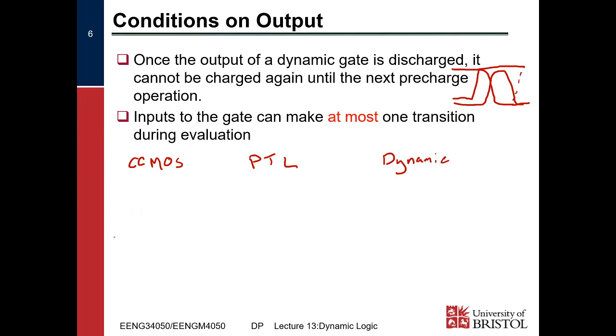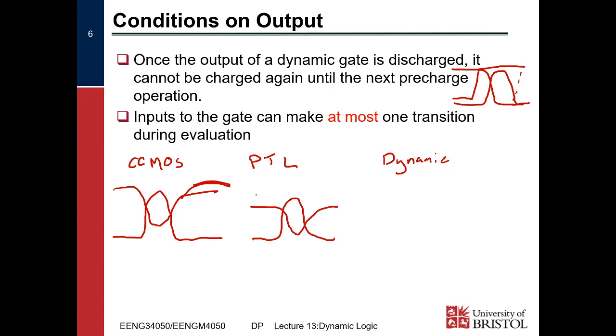Right, with our CCMOS, our input glitches to high, our output glitches low and then recovers, right? For our pass transistor logic, and this goes all the way up to VDD, our input glitches high, our output starts off below VDD, glitches down to 0 and then goes back up to below VDD, by 1 VTN, the threshold voltage, from our VDD. And again 1 VTN.